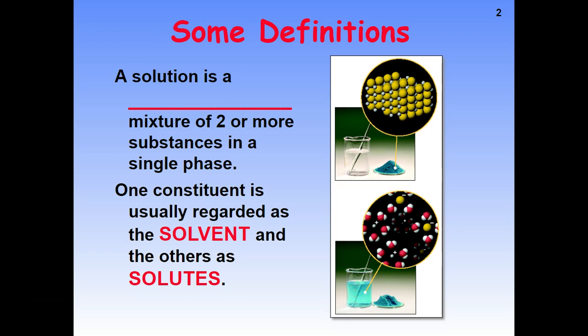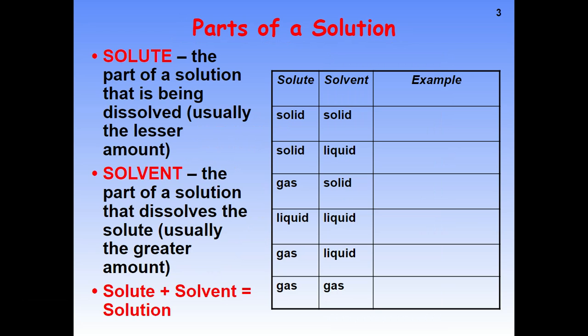A solution can be made of solids, liquids, or gases, depending on the state of the solvent and the solute. And what they start in may not be what they end in. So here we go. We have a couple particles right here. We have a solute and a solvent, and they'll equal a solution.